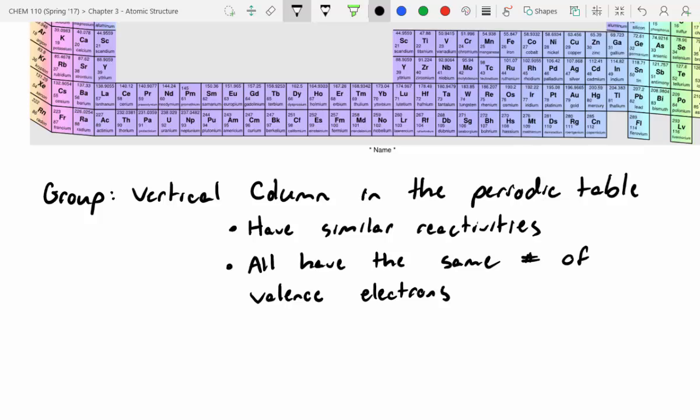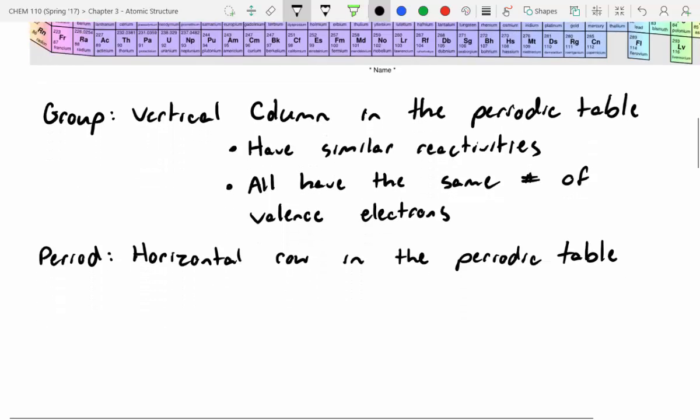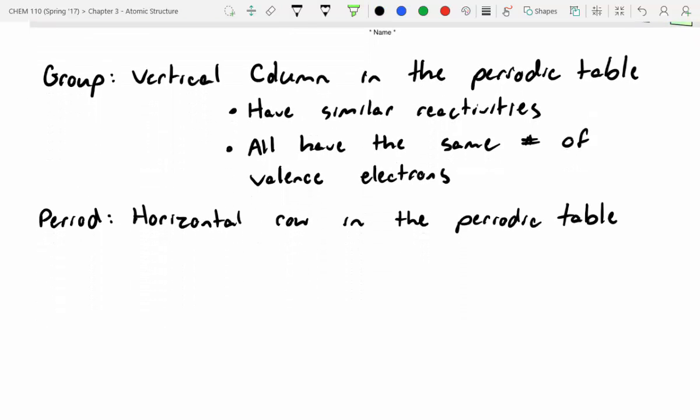This is very, very different than something called a period. Periods aren't vertical, they're not up and down, they're horizontal. And really they have different reactivities. They're very, very different from one another.